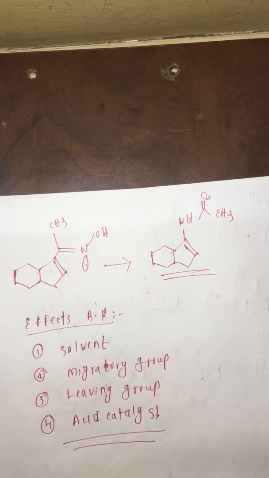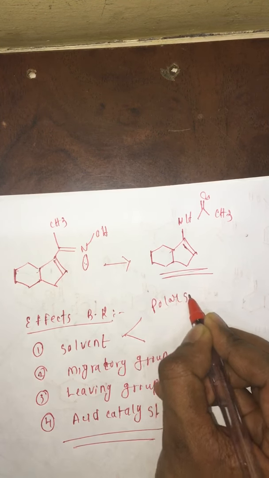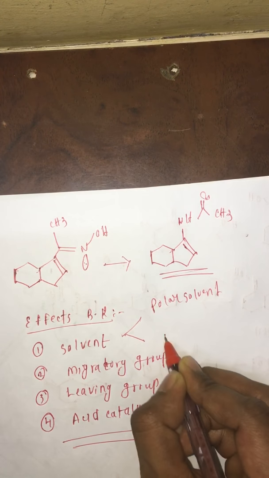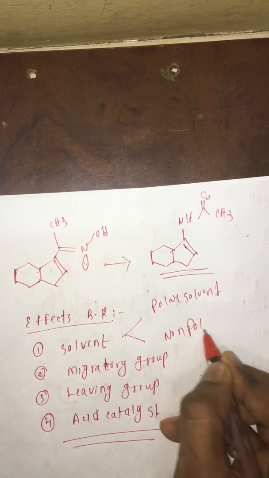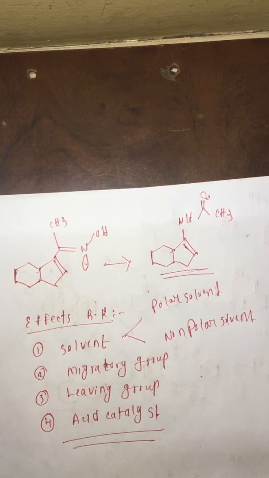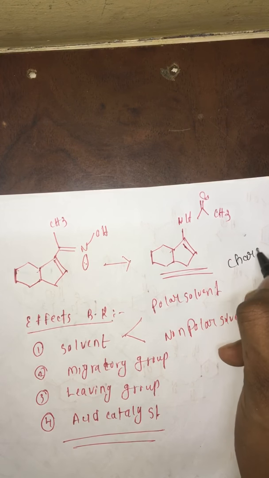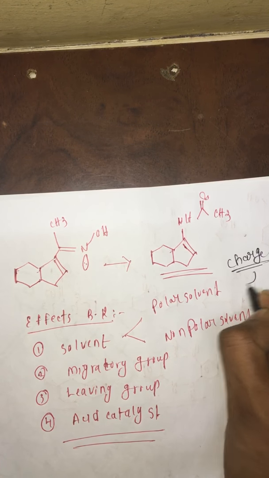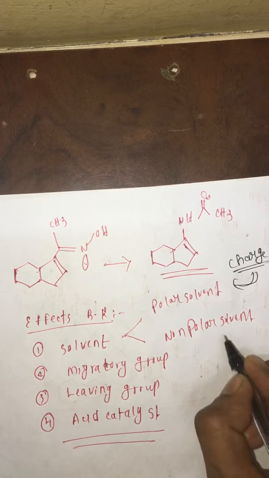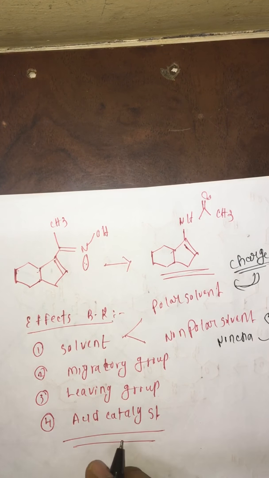So first we will go for the solvent. Solvent means there are two kinds. We have polar solvents and non-polar solvents. The fundamental thing is if any charged species is involved in the reaction, then we'll go for the polar solvent. If a non-charged species is there, then we'll go for the non-polar solvent.